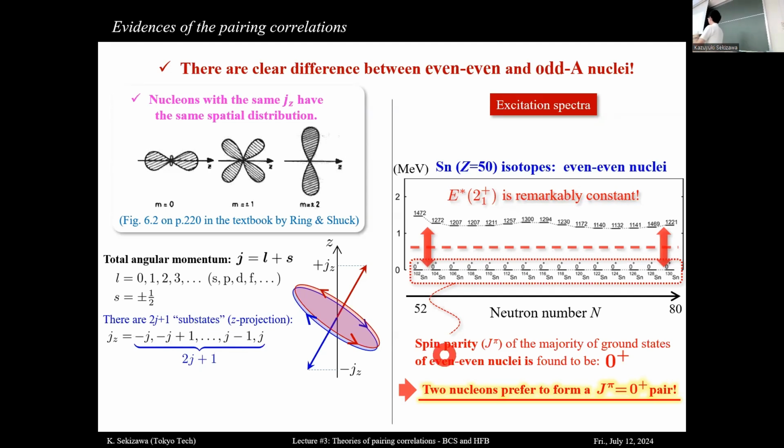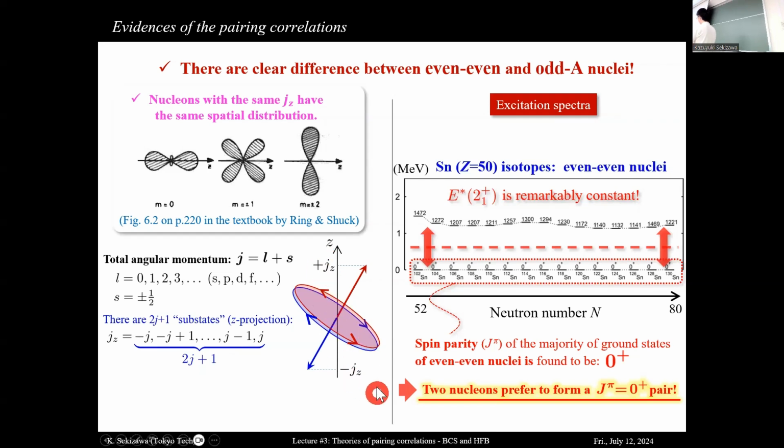But as you may know, the nuclear force is attractive and short range. To make the overlap of the spatial distributions of two nucleons large, they prefer to form a pair with the same JZ magnitude but opposite signs.